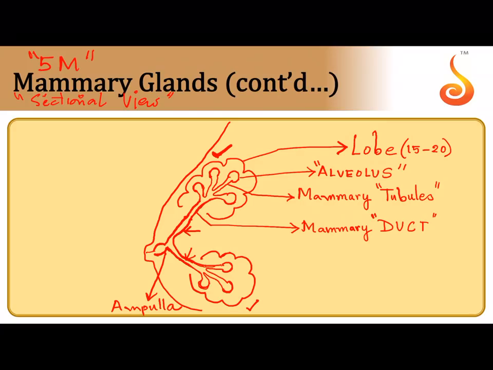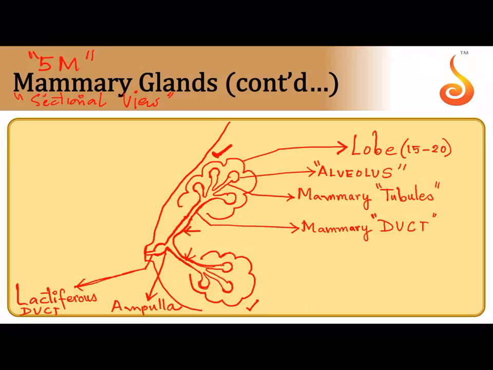And now I'm going to show a very thin tube coming out of the ampulla and emerging on the surface of the nipple. The small tube, it's not that small in reality, but of course this is a diagrammatic view. So this duct which is coming out of the ampulla is referred to as the lactiferous duct.